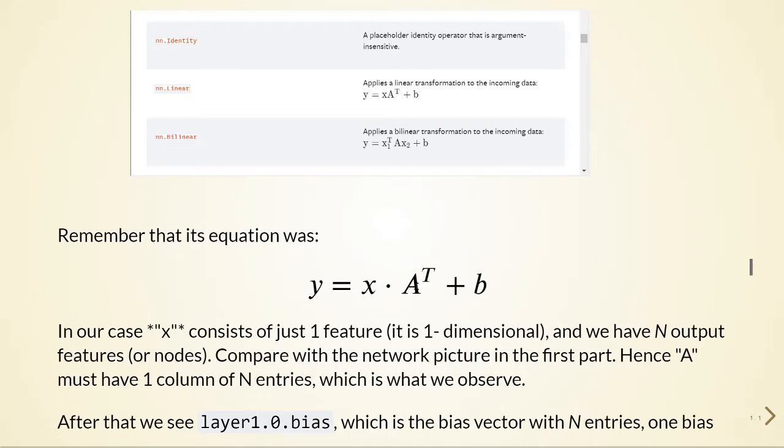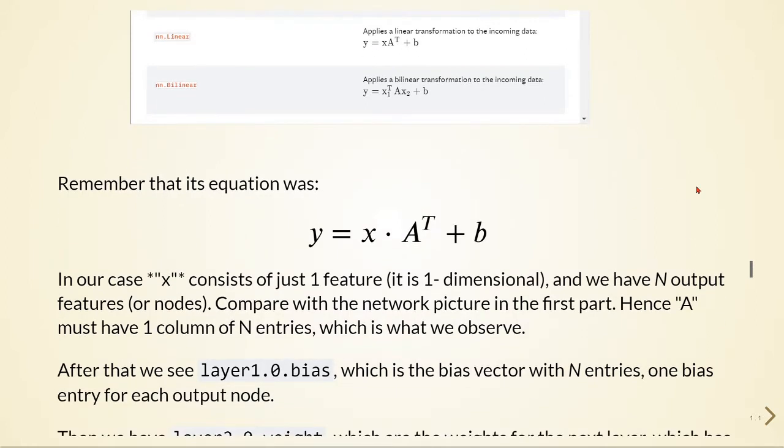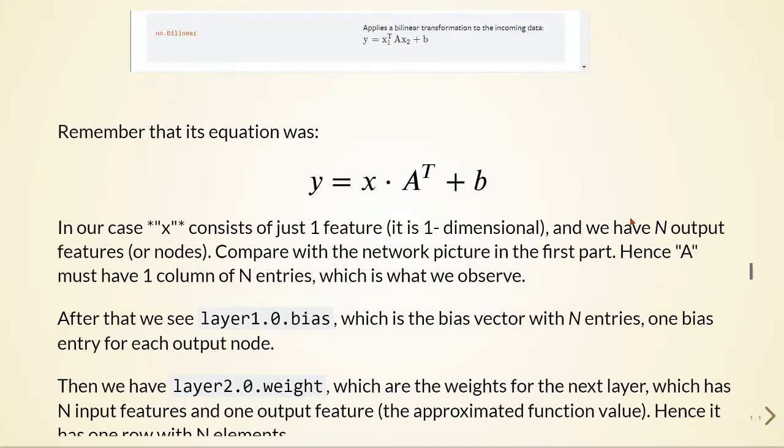We have this matrix transposed A plus B. In our case, x consists of just one feature. It's one-dimensional, and we have n output features or nodes. So you can compare with the network picture in the first part, and this matrix A must have one column of n entries, which is what we observe.